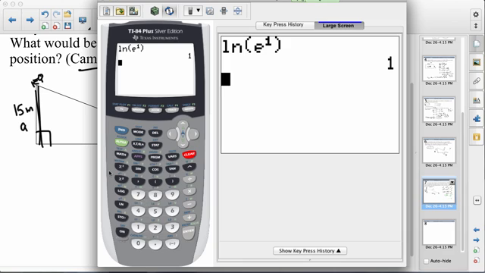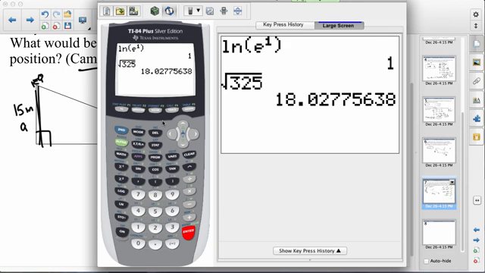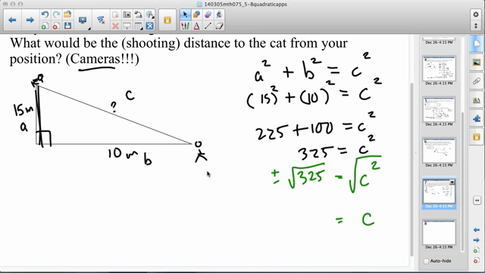So square root's right there. So the square root of 325 equals 18.03, let's call it just 18. So C then is equal to approximately 18 meters. So that's the firing distance between me and the cat.